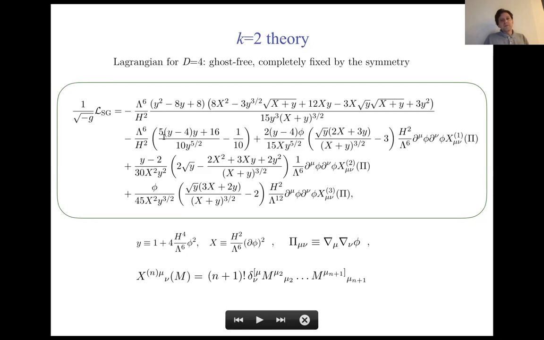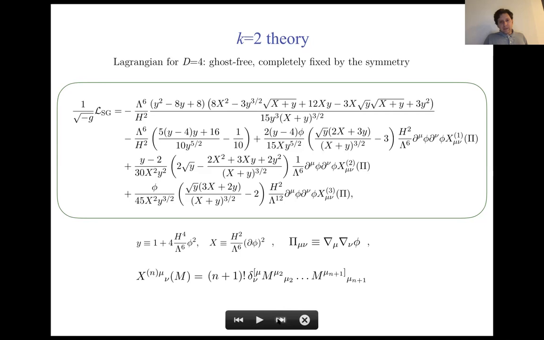So there are two parameters here. There's the Hubble constant H of the background, and then there's lambda, which is like the interaction scale. But other than that, the structure is completely fixed by this nonlinear symmetry.